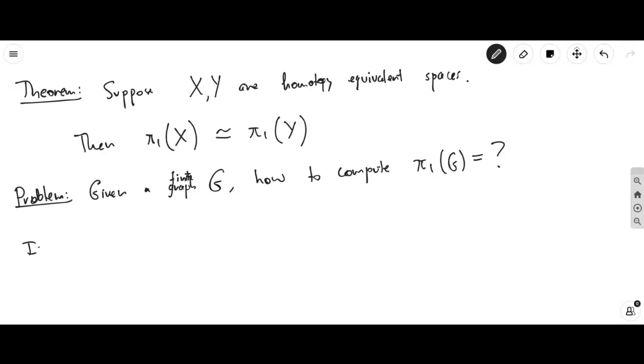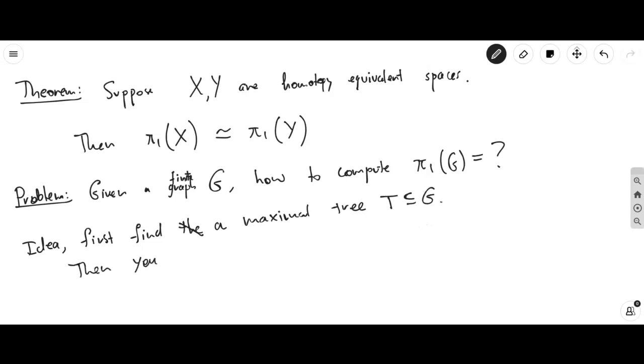And this is the idea: you first find a maximal tree T that's contained in G. Then you collapse T down to a single point.